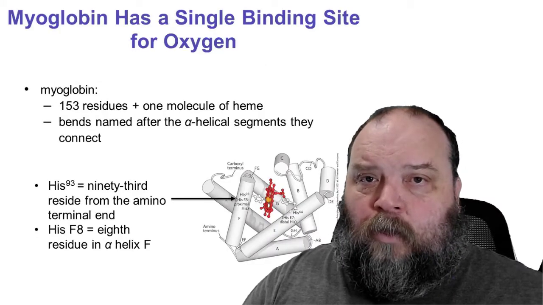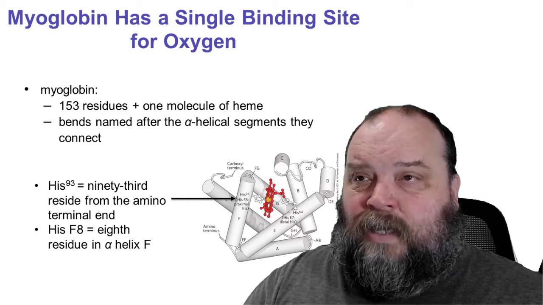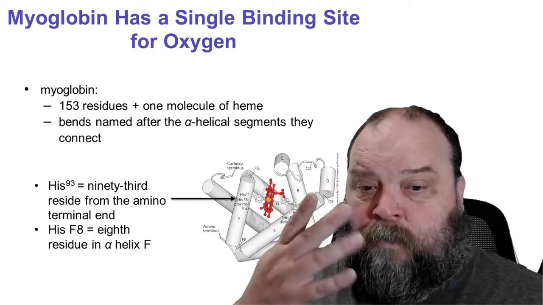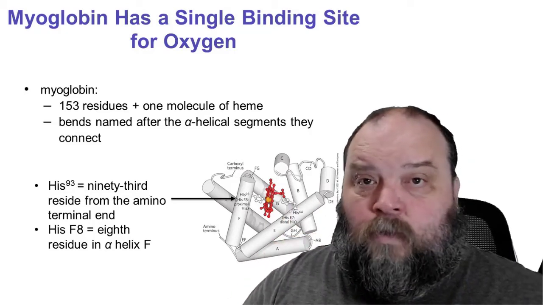We're going to use myoglobin as a great example. It's a simplistic protein compared to hemoglobin, which has 4 subunits. Myoglobin is a single subunit. That's why we're going to talk about it.